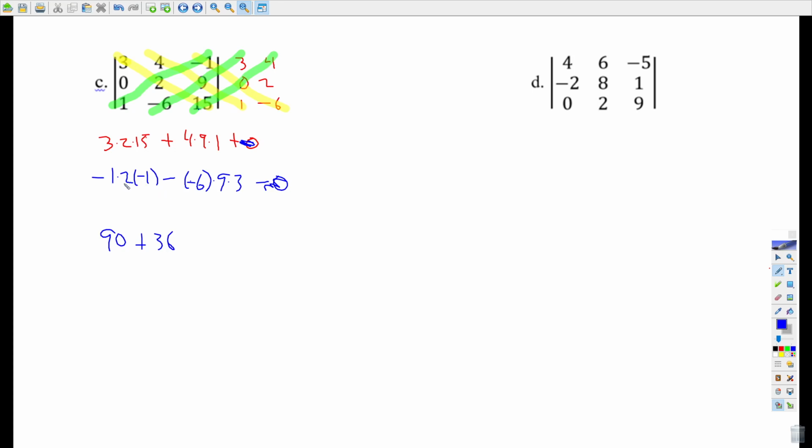Negative 1 times 2 times negative 1. These will turn to positives, so it'd be plus 2. This one also turns to positive, a negative and negative. 6 times 9 times 3, 162. Then for the final answer, just add them together. I think it's 290.